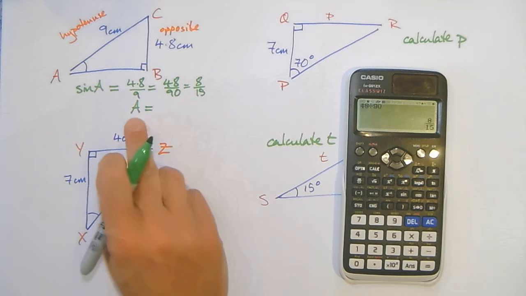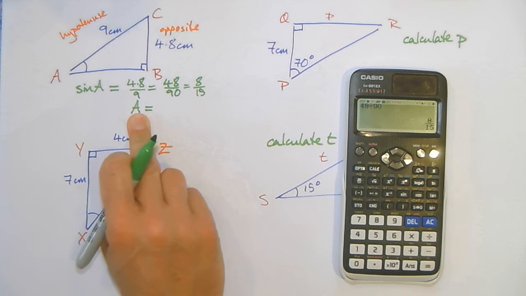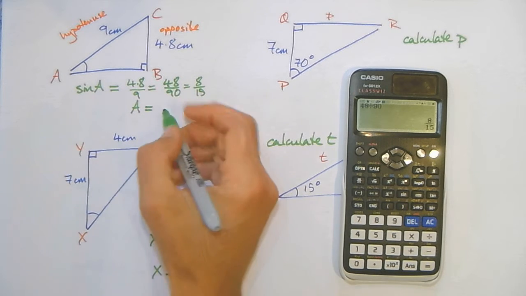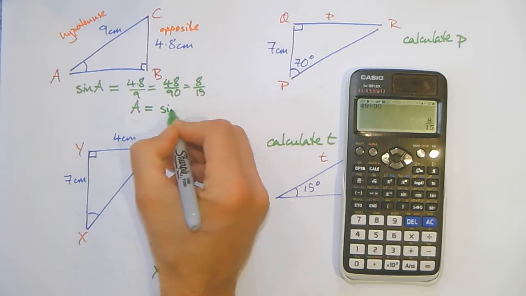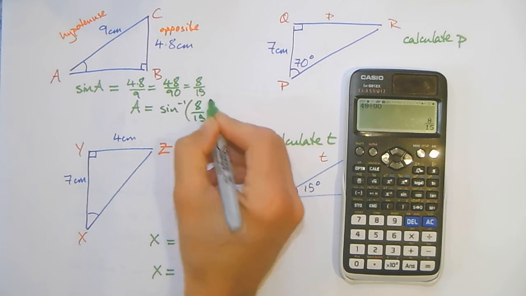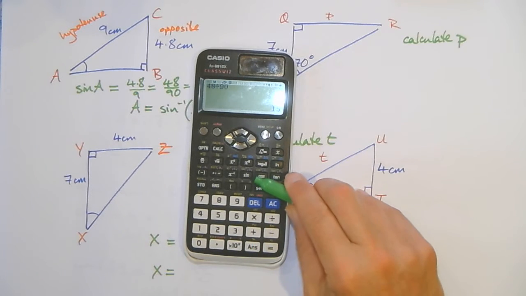If the question said work out what the actual value of A is, you take that, realize that it's a value of sine, and we would write sine minus 1 of that. Now on the calculator, that shares that button.